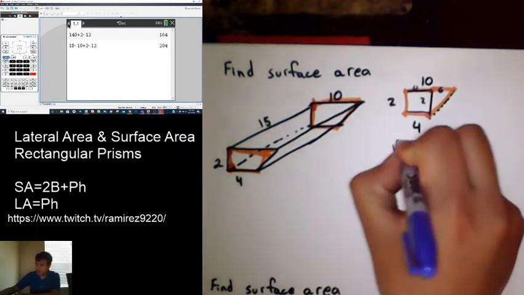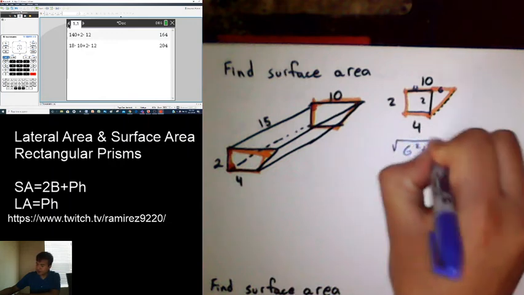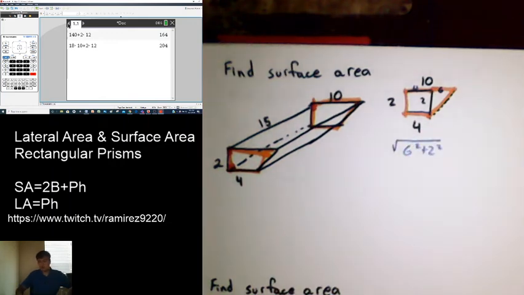I'm going to add 6 squared plus 2 squared. Six squared plus 2 squared. And so I find out that that little piece right there is 6.3.